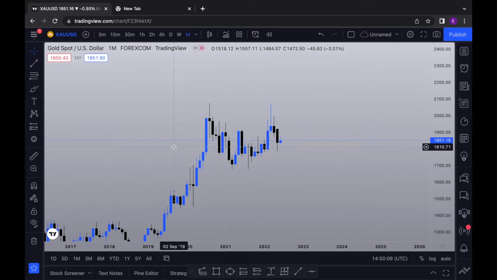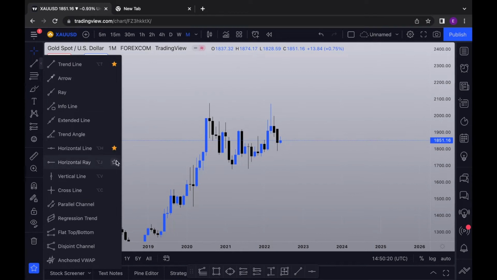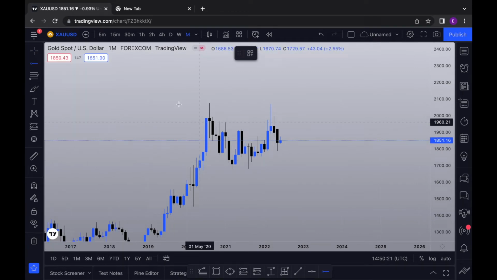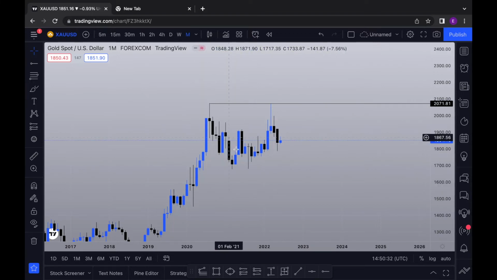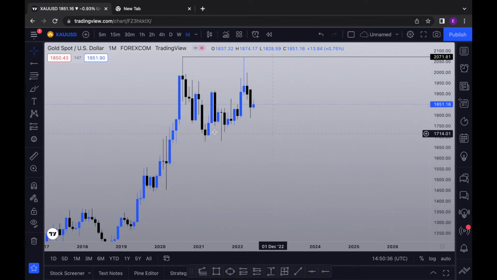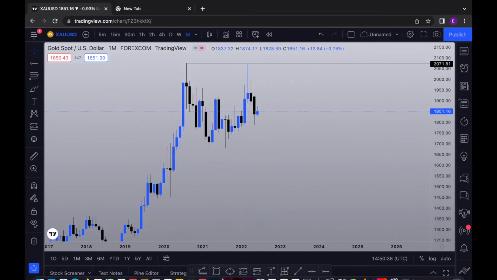So the first step I need to do is look out for where the market has rejected before. I'll pick my tool and mark here. So this is 2017. Gold has touched 2017 before. I have it marked out on the monthly time frame here. Then I come to the downside.